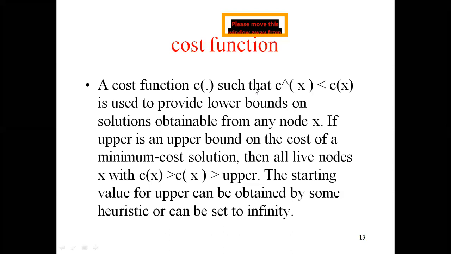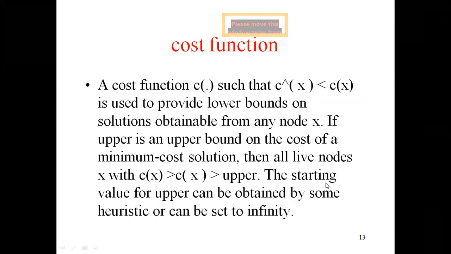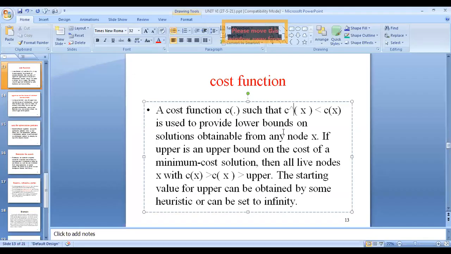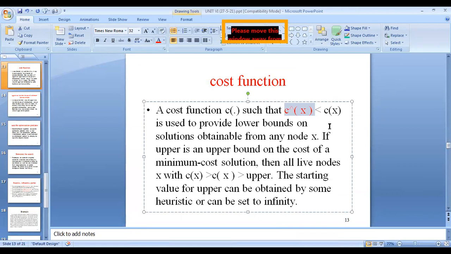So such that C cap of x is less than or equal to C of x, it is used to provide lower bounds on the solutions obtainable from any node x. So this C cap of x is the estimated cost, or that is the lower bound.